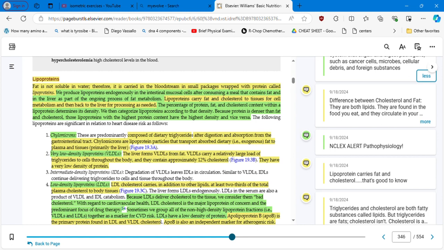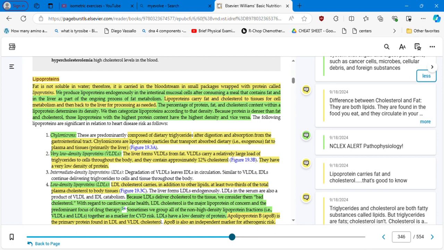We produce lipoproteins endogenously in the intestinal mucosal cells after consuming a meal that contains fat, and in the liver as part of the ongoing process of fat metabolism. So these lipoproteins are going to be created in the intestinal mucosa, okay, after consuming a meal. And also the liver is going to participate in this.